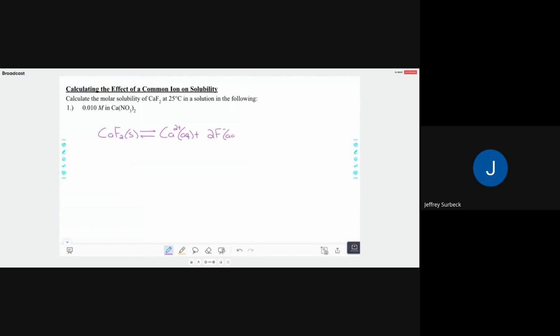What I always like to do with any equilibrium expression is build our equilibrium expression from our equation. So I'm going to write this in green: our Ksp, sp for solubility, is equal to the concentration of our calcium times the concentration of our fluoride.